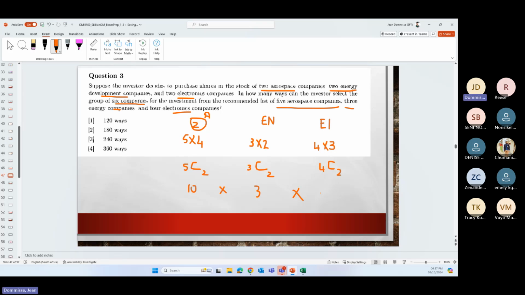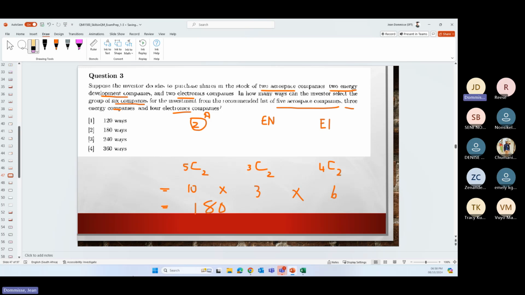No, that is not right. 4 combination 2. And so I get 6. 10 times 3 is 30, times 6 is 180. So let's just quickly make sure.